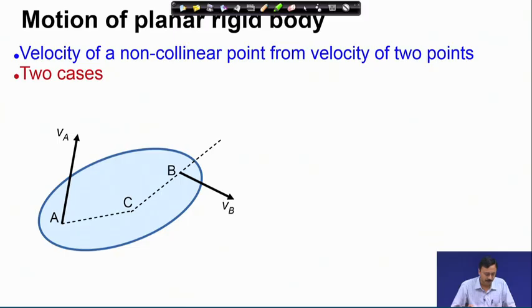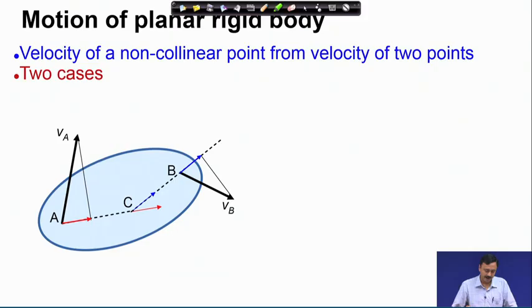Here the 2 points are A and B whose velocities are specified, then I can show that I can find out the velocity of any other point, say C. I project V A along AC, take the projection vector, and transfer the projection vector to C. Velocity of C must be such that the projection of that vector along AC must be this red vector. Similarly, velocity of point B projected along BC is the blue vector, which I transfer to C again.